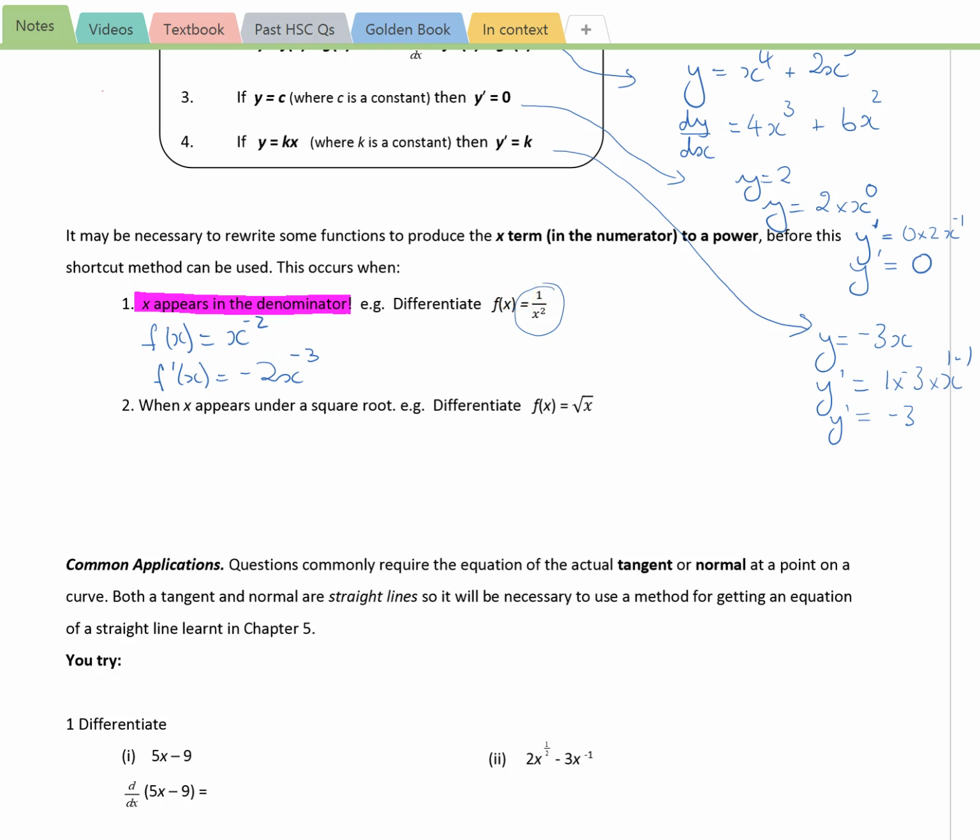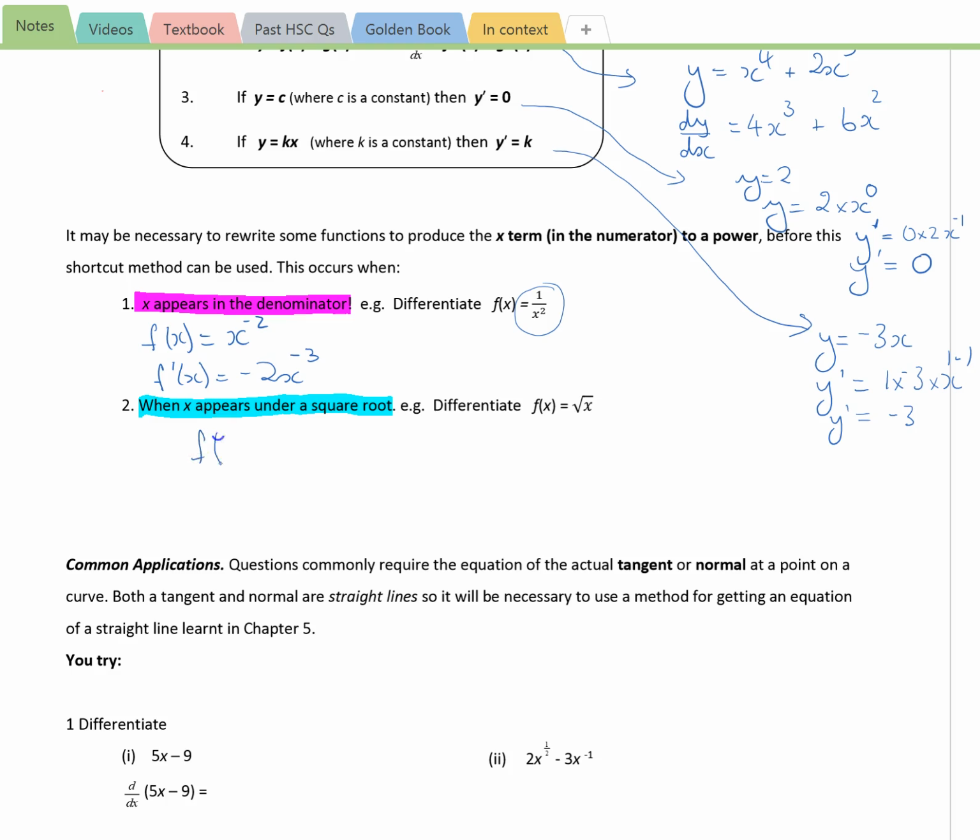The other situation that you also have to be aware of is when x appears under a square root. So they're going to be the two complications. You're going to be given more than just bringing numbers to the front and subtracting 1 from the index. You're going to be given situations where x is in the denominator or x is under a square root. But again, we've just revised indices and we know that it is possible.